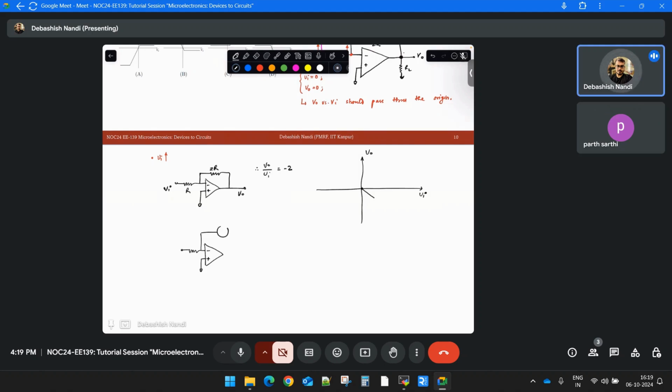I have a constant voltage source and I have a 2R resistance, right? Can you tell me what is the current flowing through this branch and what will be the current flowing through this branch? How much current do you think there will be flowing in the 2R resistance?